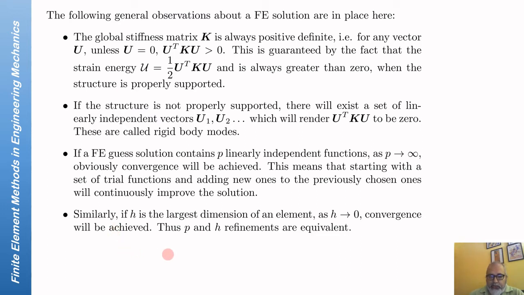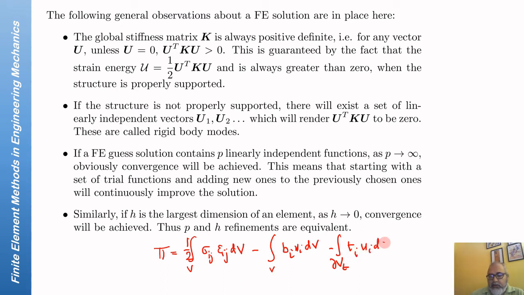Now, remember, we had started from the principle of minimum potential energy, which said that over the volume, sigma ij, it's half of this dV minus work done by the body forces minus work done by the surface tractions has to be minimized for the actual solution. Pi will be a minimum for the actual solution, which is why we said del pi equal to 0. So we have already gone through this.